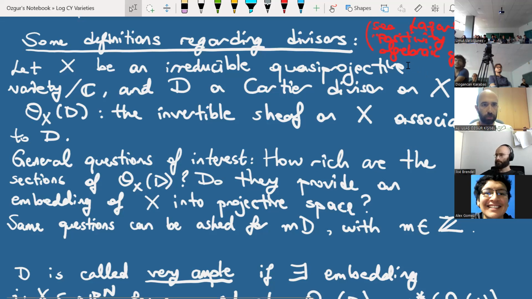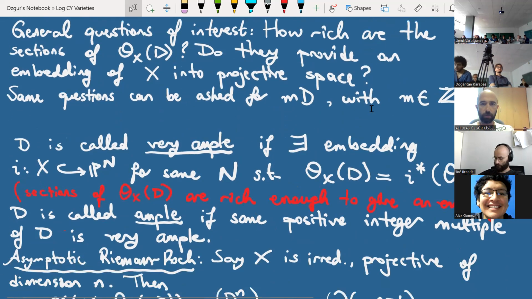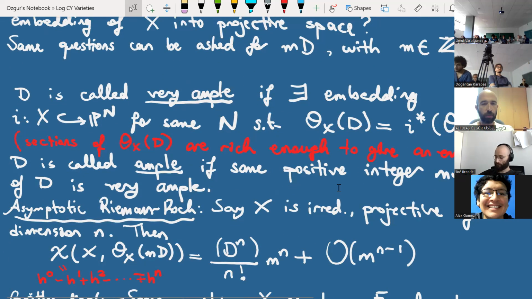In relation to this, a divisor is called very ample if there exists an embedding of your variety into some projective space such that O_X(D) is the pullback of O(1) under this embedding map. The informal way of saying this would be, I guess, sections of O_X(D) are rich enough to give you an embedding of X into projective space. Now, very ample is a very nice notion geometrically, but slightly easier to work with is the notion of ample.